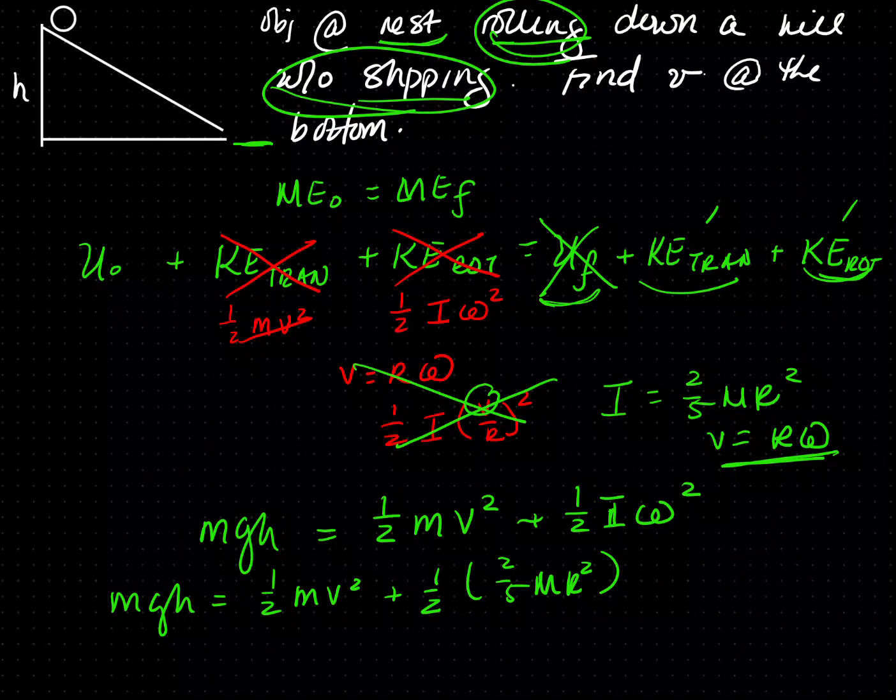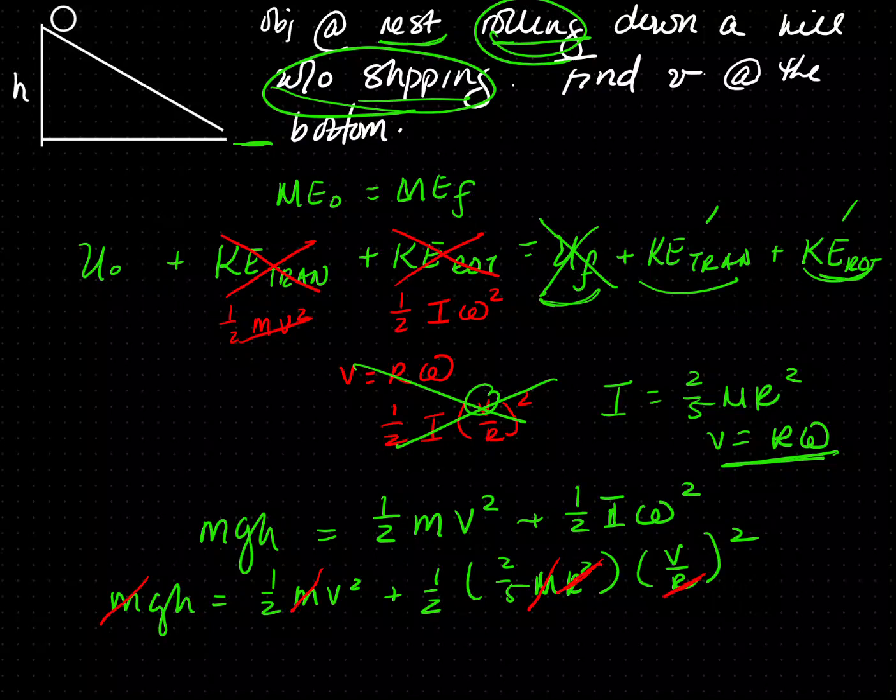So omega is equal to v over r, squared. Now I'm going to simplify. Since the object is of the same mass before and after, all the masses cancel out. I have an r squared and v over r squared, so the r squares will cancel out.